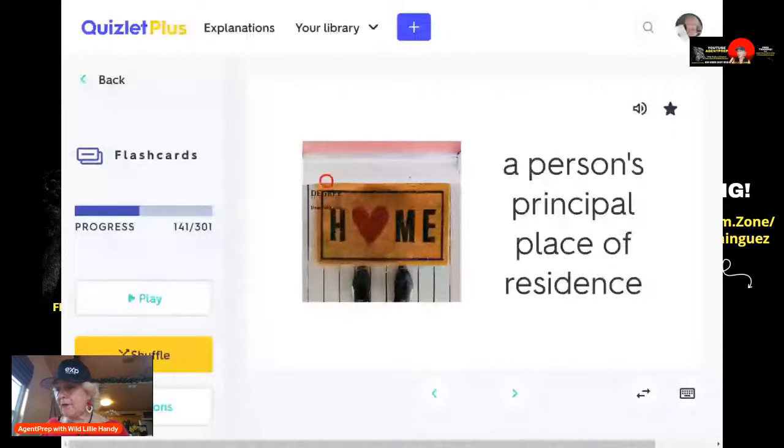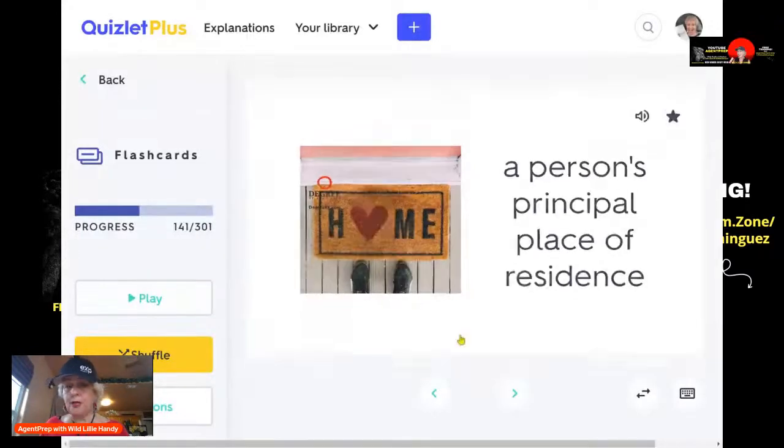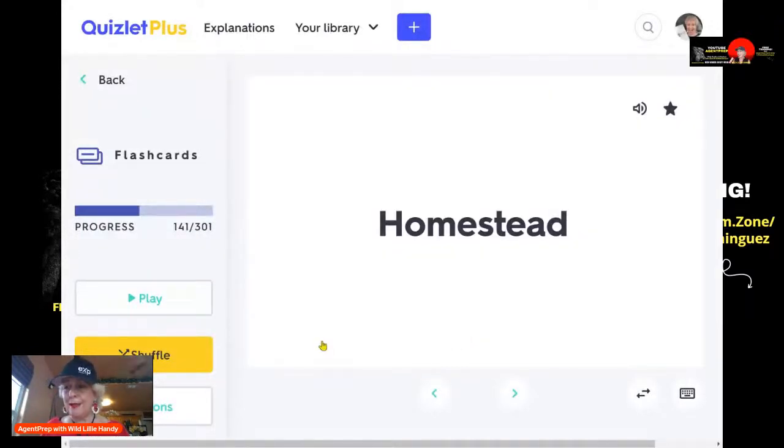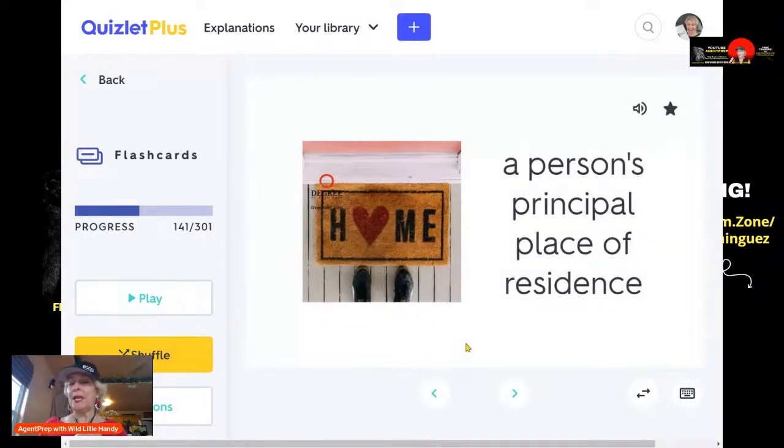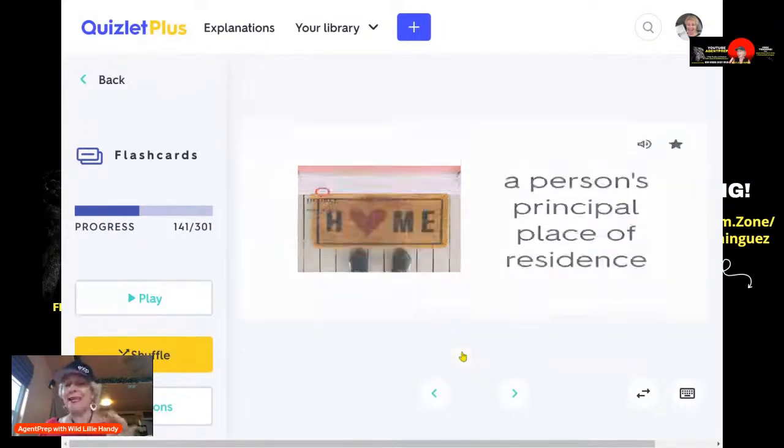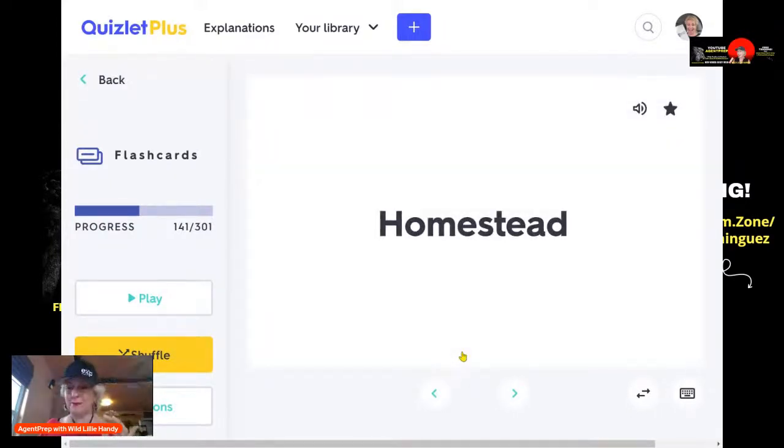All right, so I have here residence, home, primary residence, homestead. Gotcha. I was thinking of situs, but a person's principal place of residence. Now, not every state has a homestead. A homestead is your primary residence.